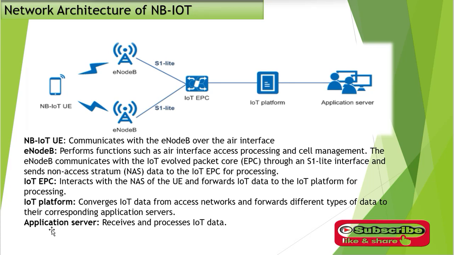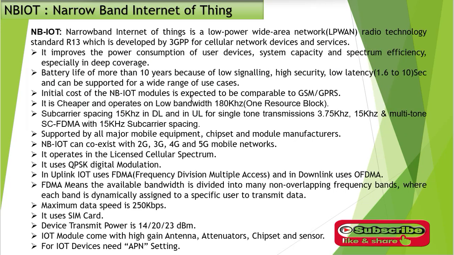Now first let's try to know the basic points of IoT. Here you can see the basic points. First, its full form is NB-IoT, Narrowband Internet of Things. Narrowband Internet of Things is a low power wide area network radio technology, which is called LPWAN.